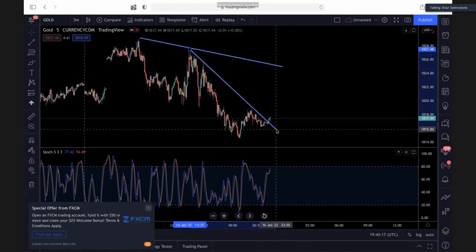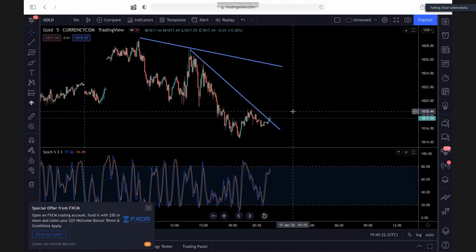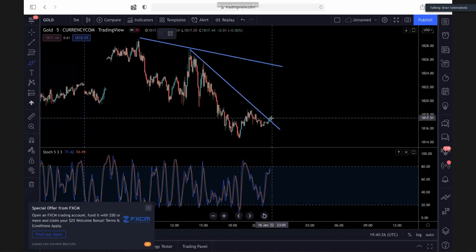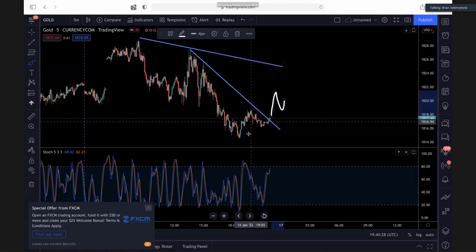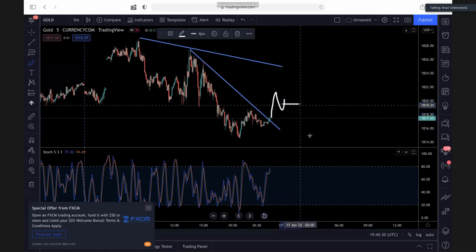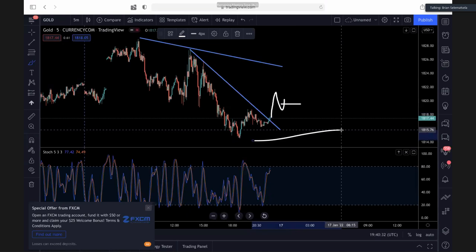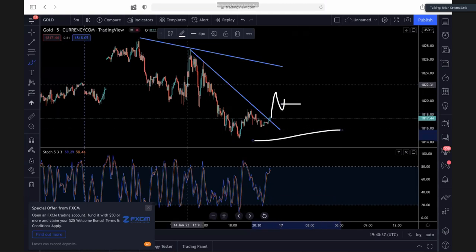Has it? Yeah, it has. So we wait for that pullback and make a retest. When we enter a buyer there, we put our stop loss at the end of there so that we can take this thing up.